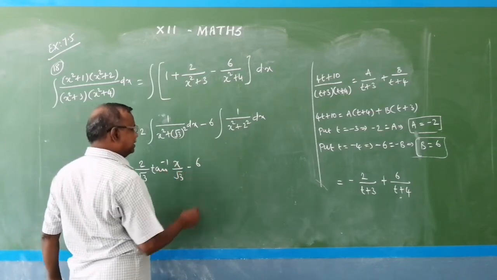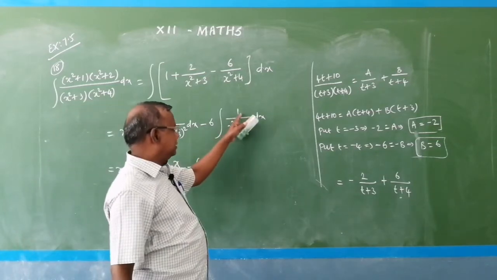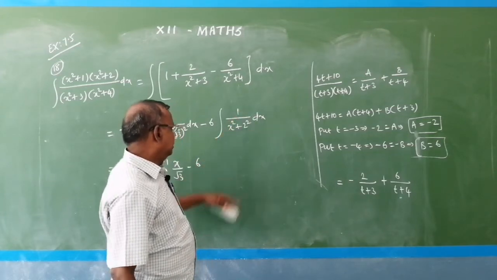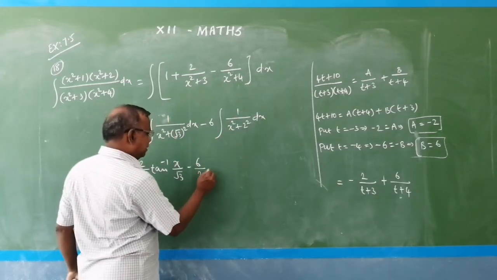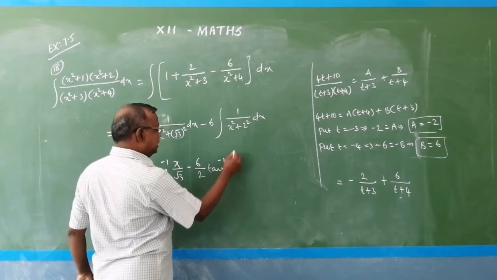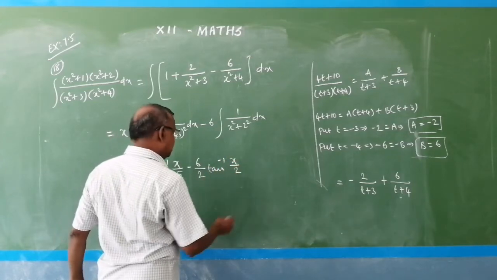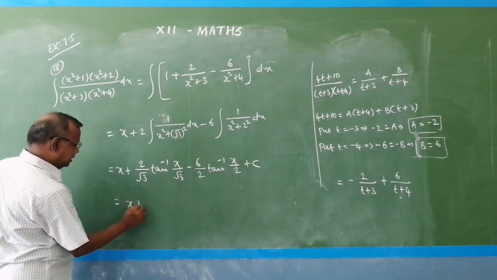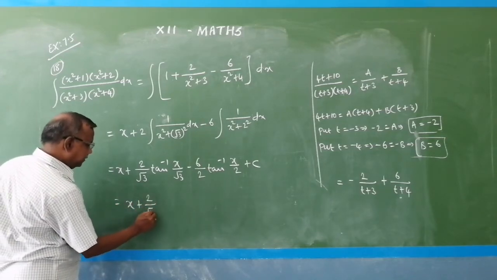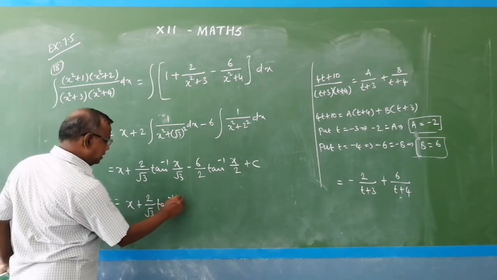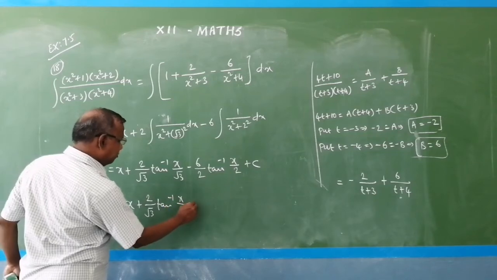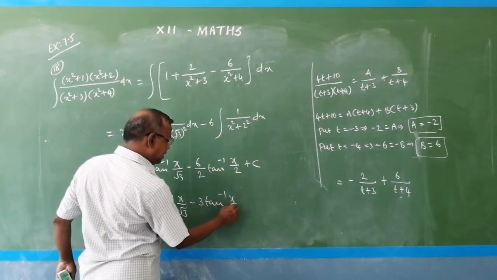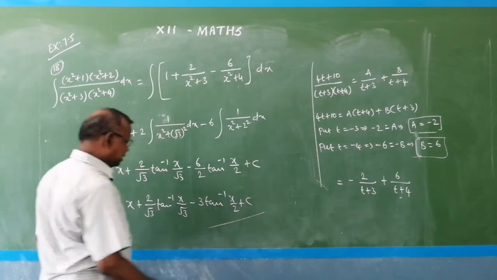And minus 6 into, here also it is the same formula, 1 by (x square plus a square) dx, so it is also 1 by a into tan inverse of x by a, that is x by 2, plus c. Simplifying this, we have x plus 2 by root 3 into tan inverse of x by root 3 minus 3 into tan inverse of x by 2 plus c. So this is the answer.